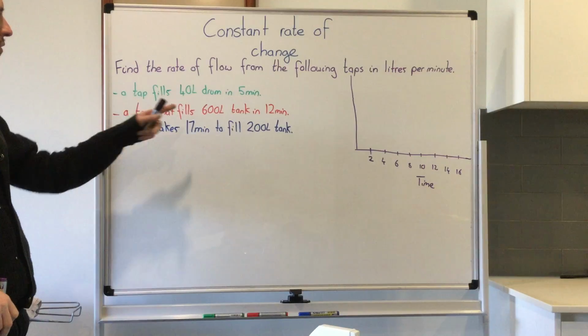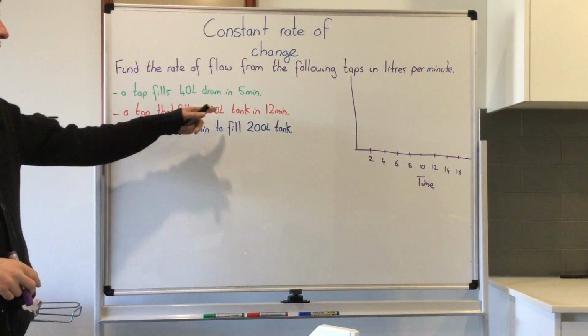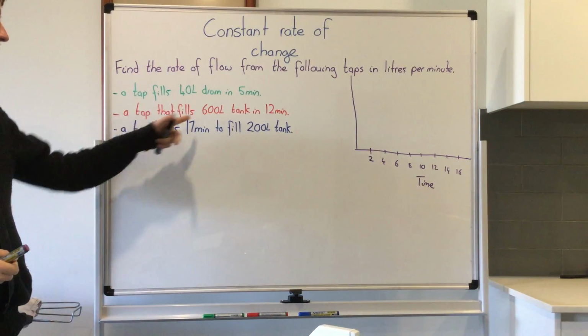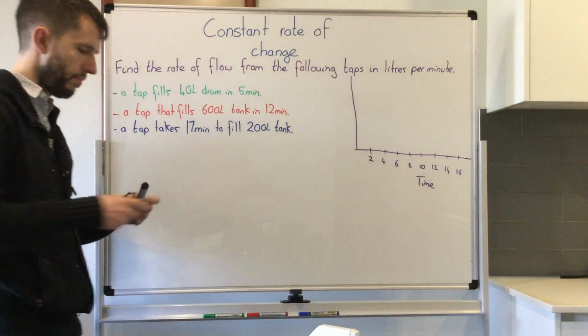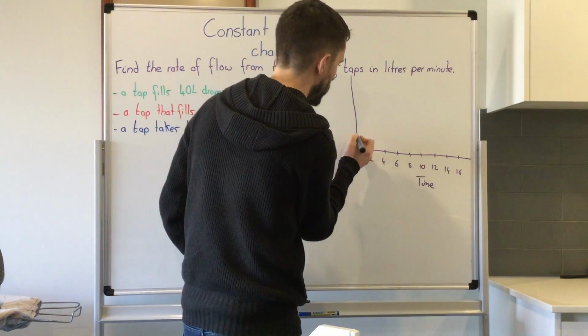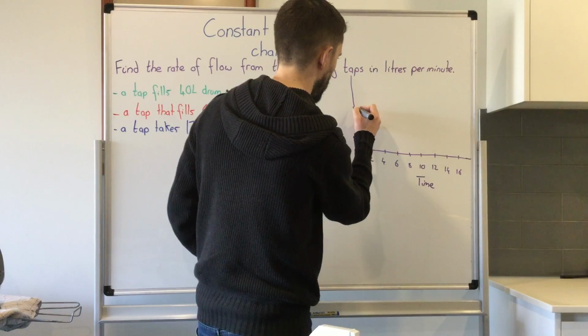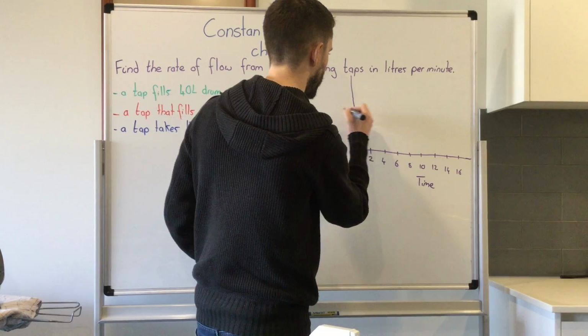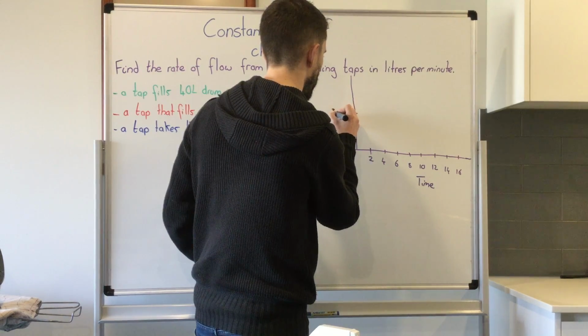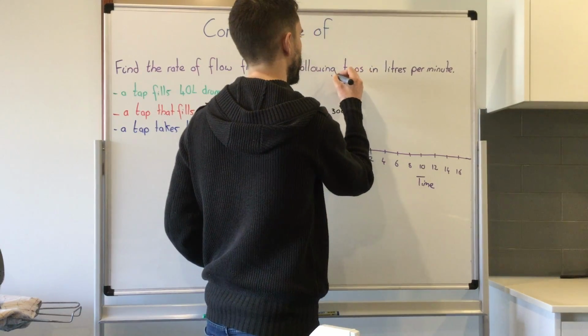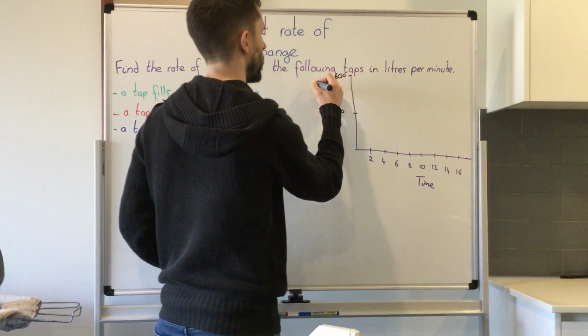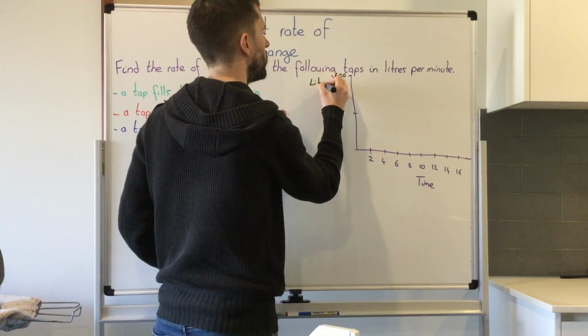Awesome. Then I move on and look at my litres. Well, the top is 600 litres, that's the most. So I will again do my graph. 300 litres, 600 litres, so this is litres.